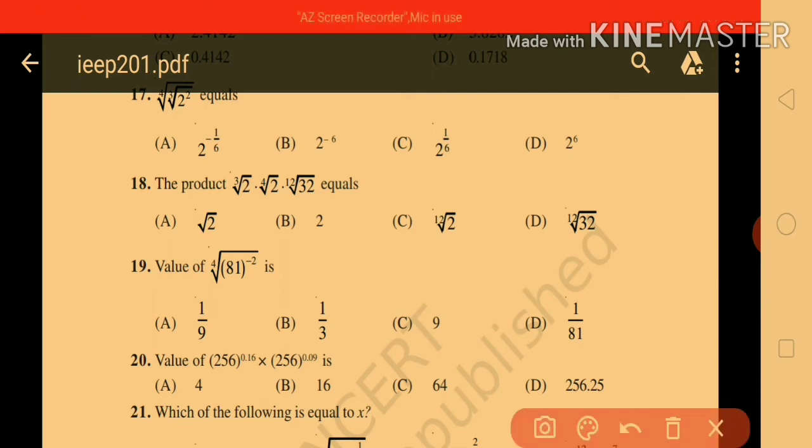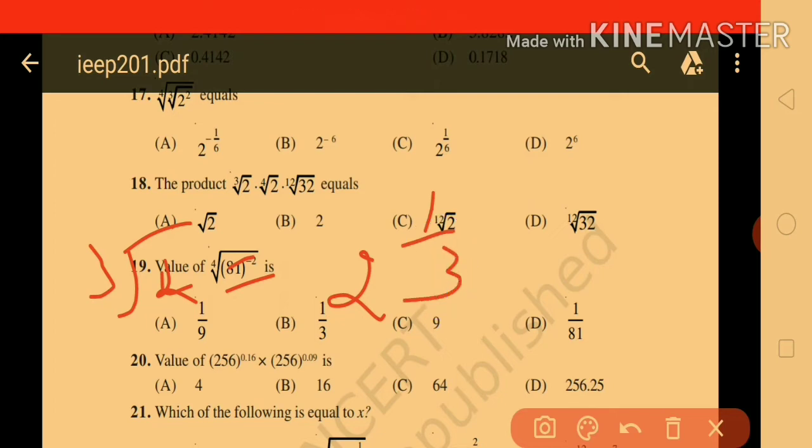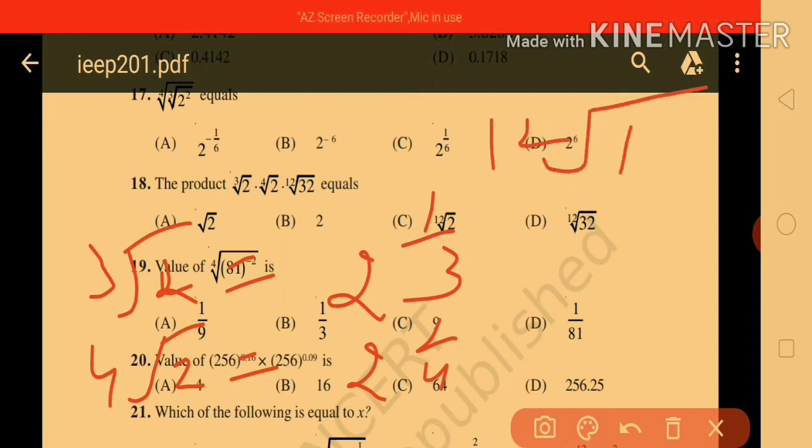Okay, so 3 root 2 can also be written as 2 raised to 1 by 3. Okay, and 4 root 2 can also be written as 2 raised to 1 by 4, and 12 root 32 can also be written as 32 raised to 1 by 12, right?